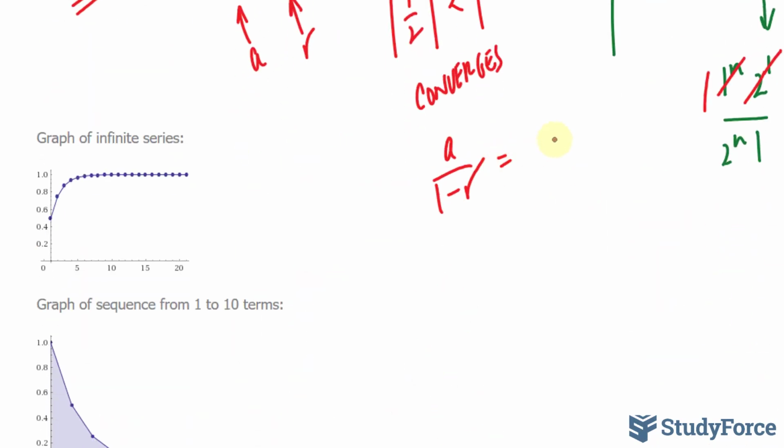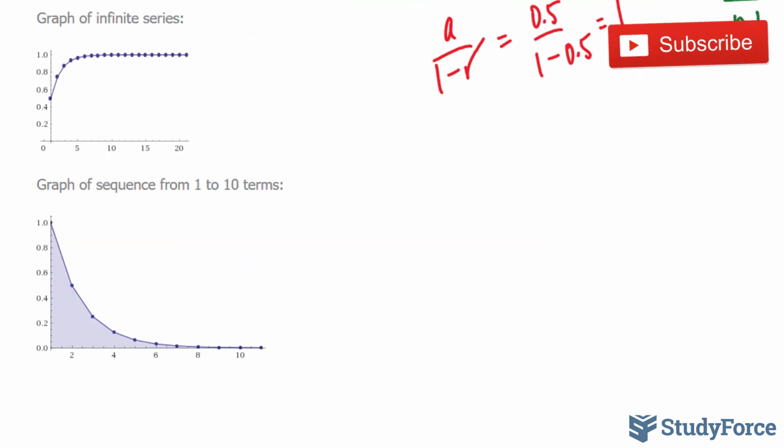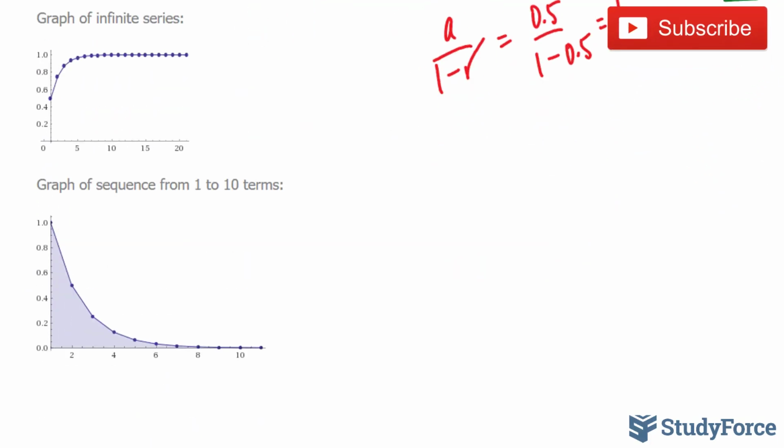And this would give us an a value, which we have of 0.5. 1 minus 0.5 is equal to 0.5, so 0.5 over 0.5 is 1. Interestingly, if we were to graph this series, it does, in fact, approach 1. And if we were to graph the sequence for the first 10 terms, it would approach 0. Let's move on to the next.